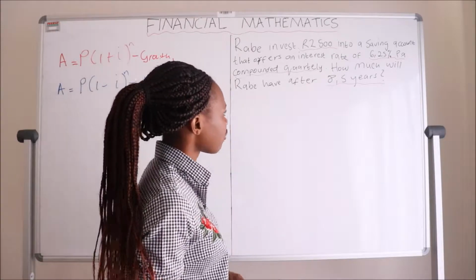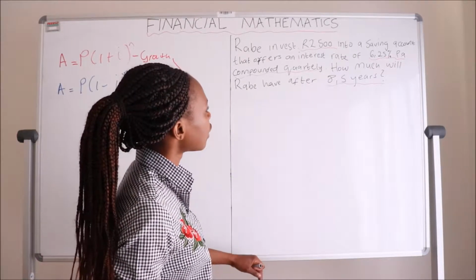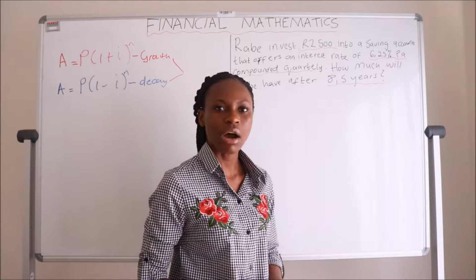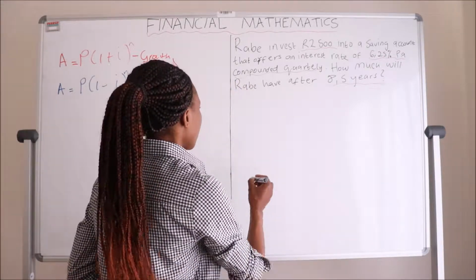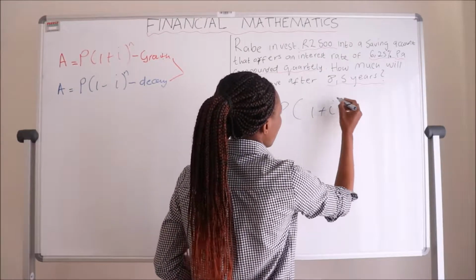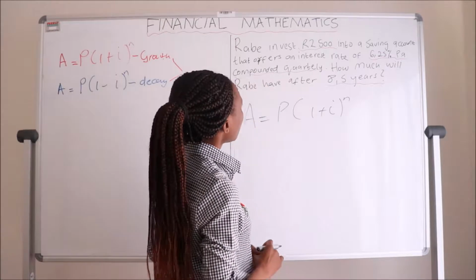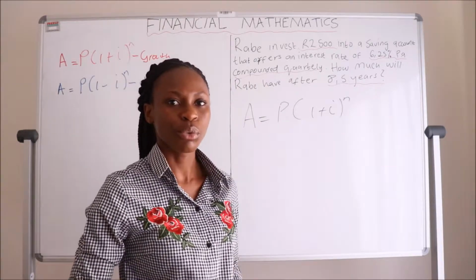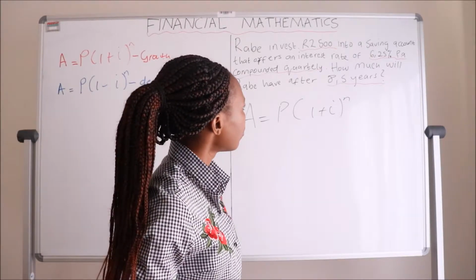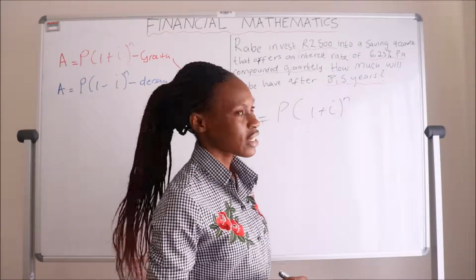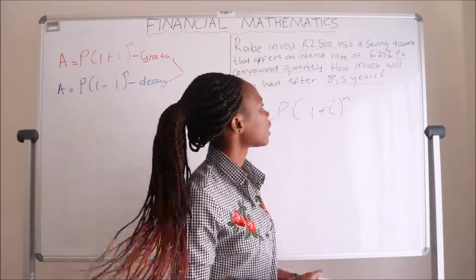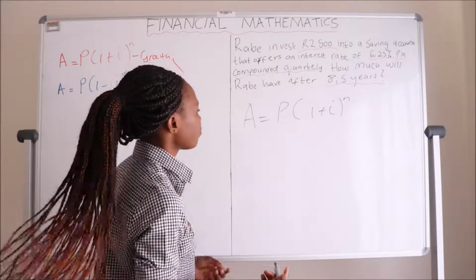The investment is 2,500, which is our principal amount P. We will use the compound growth equation, because we are not told that the investment will depreciate, and after 8.5 years it will be more than the principal amount.